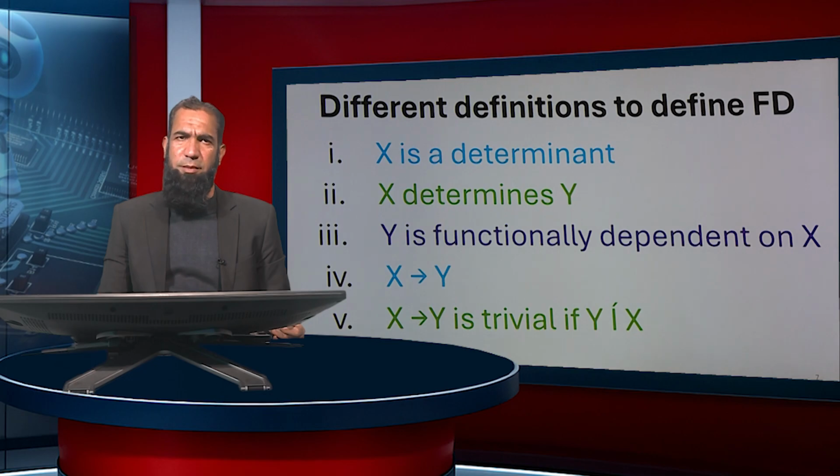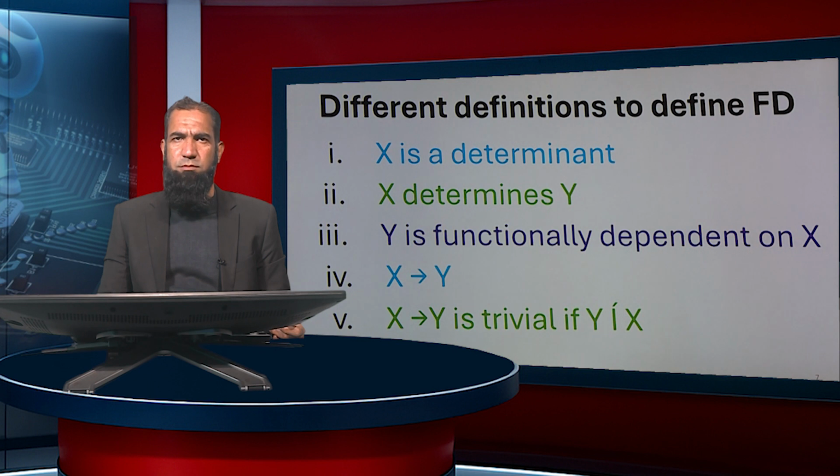Sometimes we come across what are called trivial dependencies. A dependency X → Y is said to be trivial if Y is a subset of X. That means if the attributes on the right hand side are already included in X, then the dependency does not add any new information. It's automatically true.